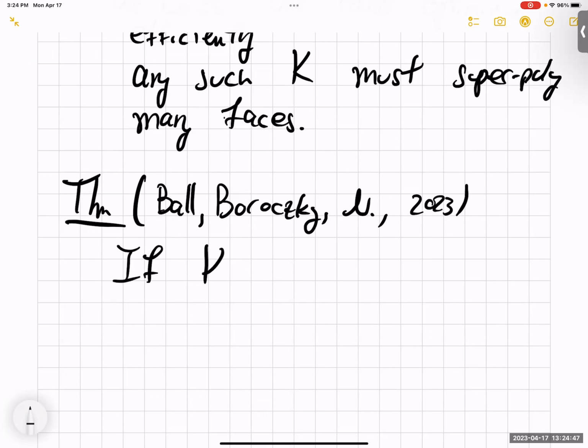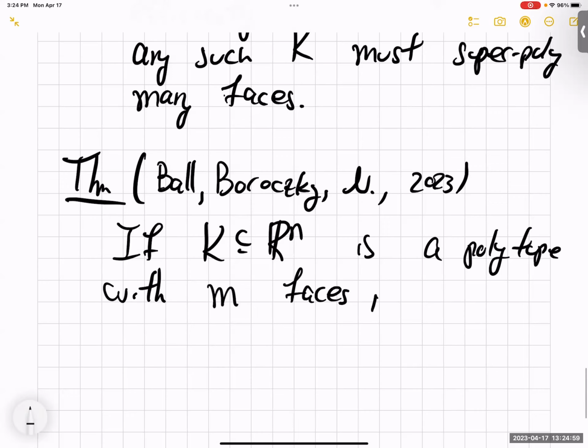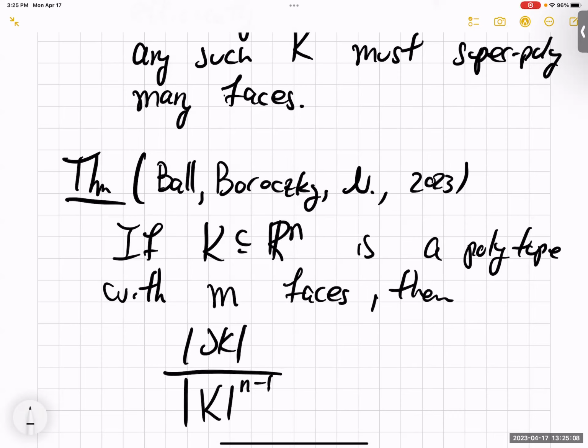If K in R^n is a polytope with m faces, then if you look at the isoperimetric quotient of K, the isoperimetric theorem says that the lower bound is root n, but that's only attained when you're a ball, or roughly a Euclidean ball.